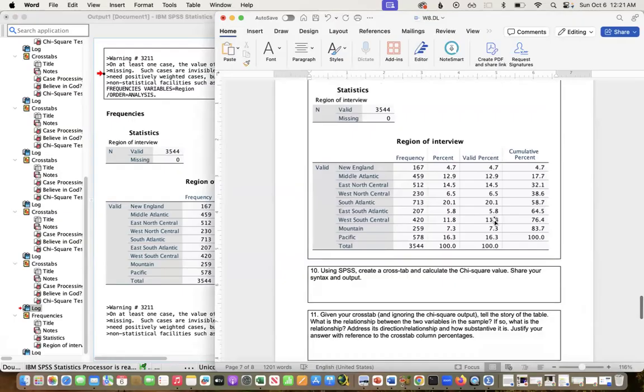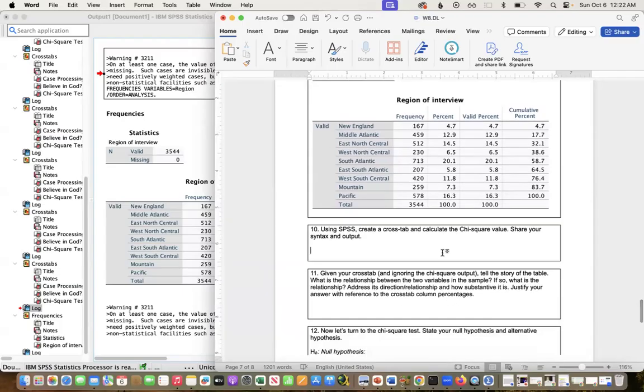If I'm looking at this valid percent column, we have about 5% living in New England, a little more than that in West North Central, about that in East North Central, a little more than that in Mountain Region. Then we have over 10% in Mid-Atlantic, East North Central, and West South Central, a little more than that in Pacific, and then about a fifth in South Atlantic.